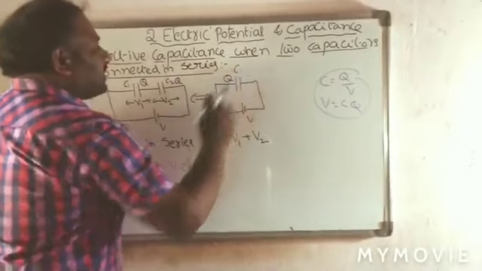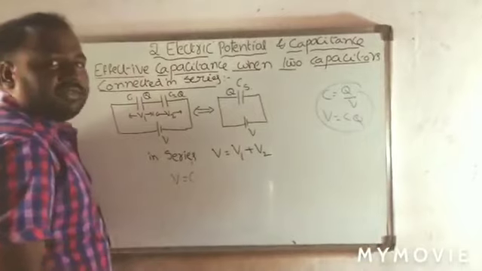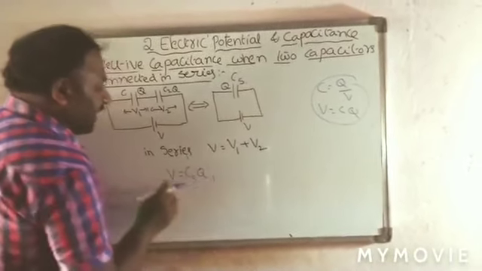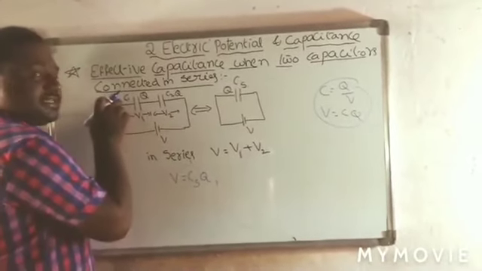Here we write the C equivalent as Cs. Cs represents series connection of the capacitors. So V is equal to Q by Cs. This is the value of V. And here V1 is the voltage across capacitor C1.